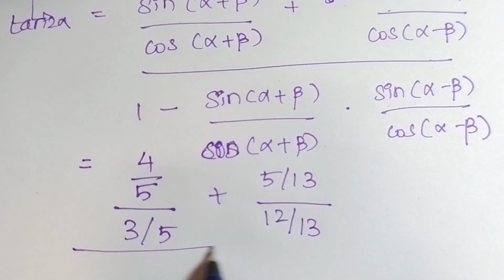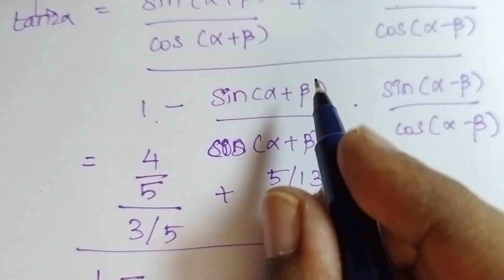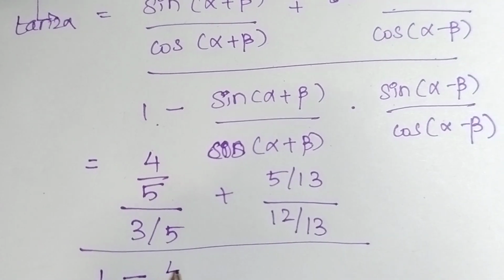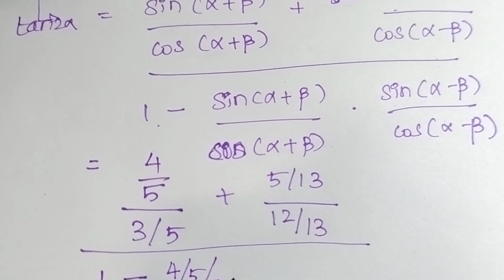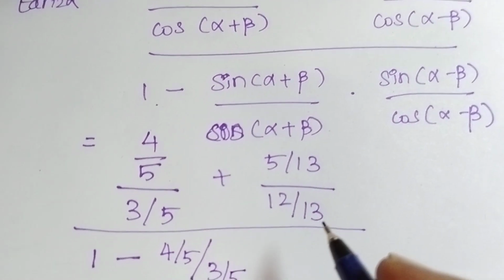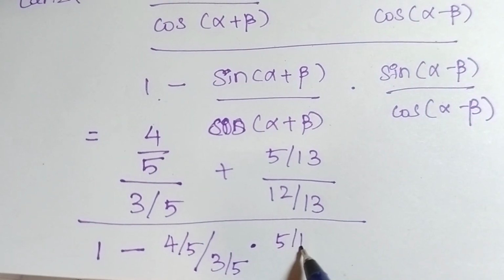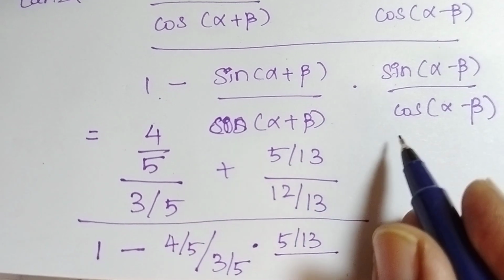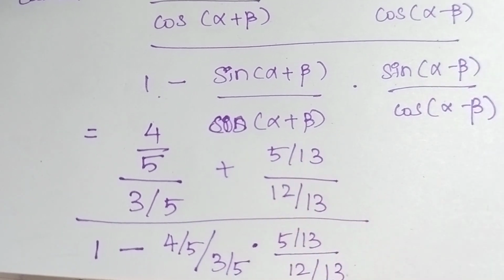and the whole divided by 1 minus sin(alpha plus beta) 4 by 5, the whole divided by 3 by 5, similarly into sin(alpha minus beta) is 5 by 13, the whole divided by 12 by 13.